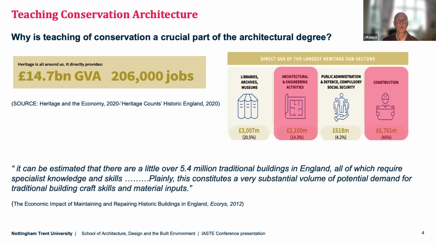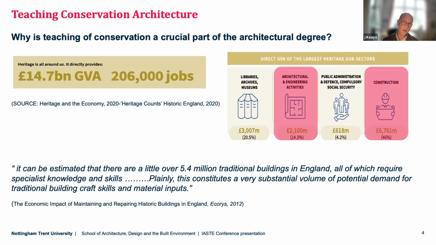But I'd like to present the quote below from the same study that was done by Historic England. "It can be estimated that there are a little over 5.4 million traditional buildings in England, all of which require specialist knowledge and skills. Plainly, this constitutes a very substantial volume of potential demand for traditional building craft skills and material inputs."